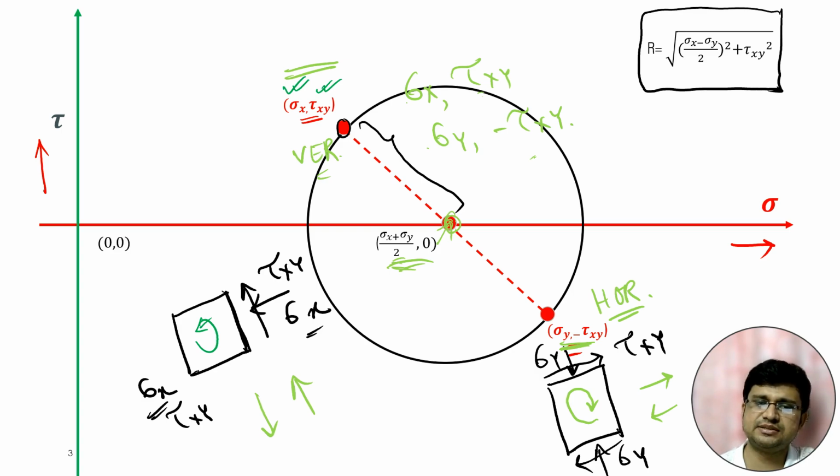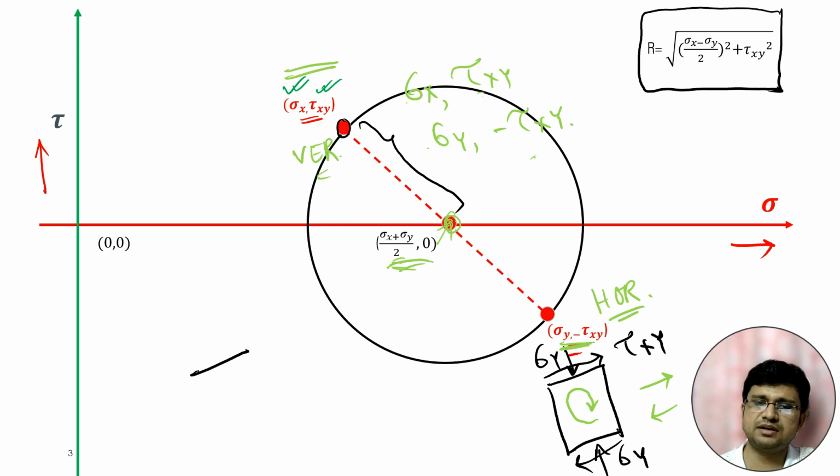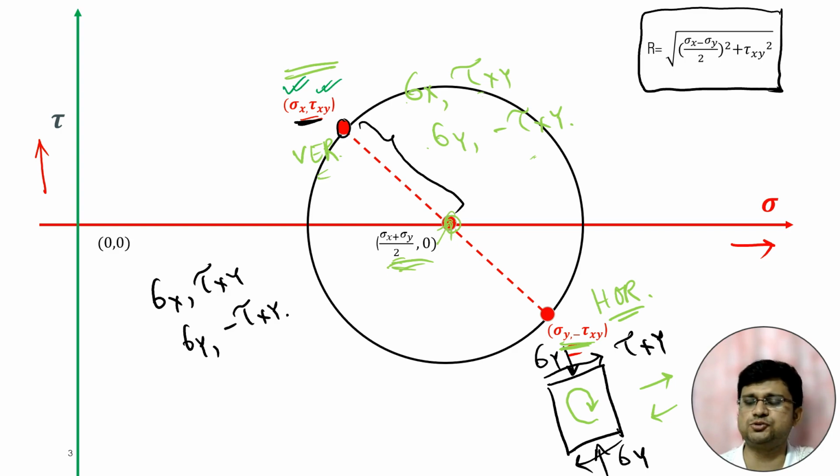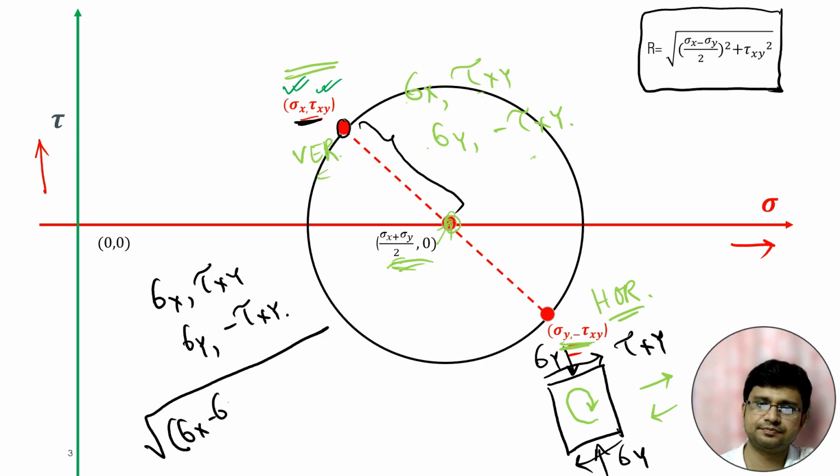How is it coming? This is very simple. One point is sigma x, tau xy. Another point is sigma y, minus tau xy. Their distance is the diameter of the Mohr circle. The diameter of the Mohr circle is the distance between these 2 points. So how much is the diameter? The diameter is this.